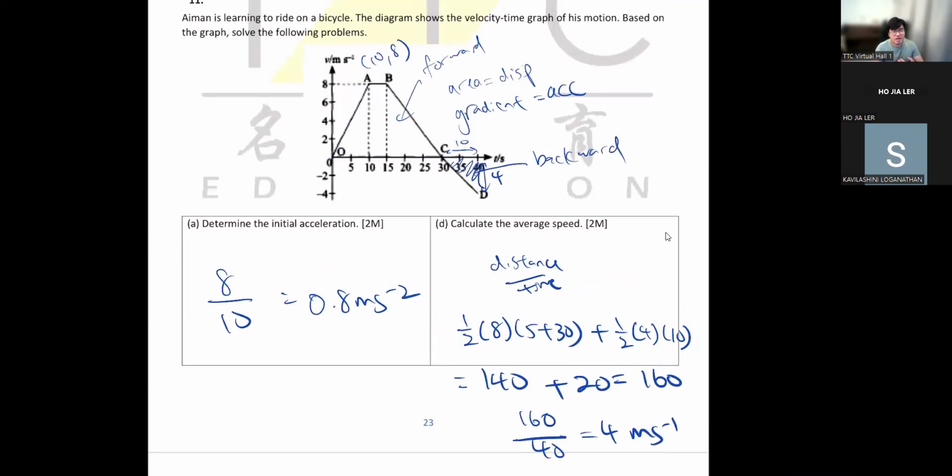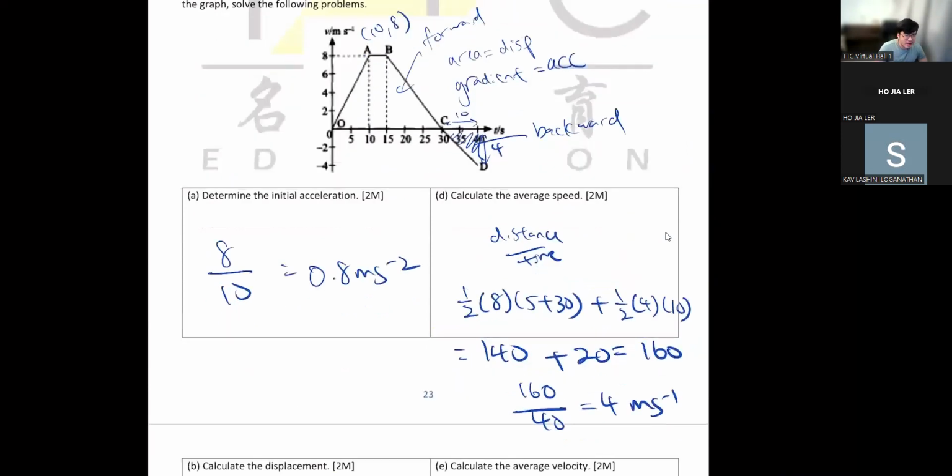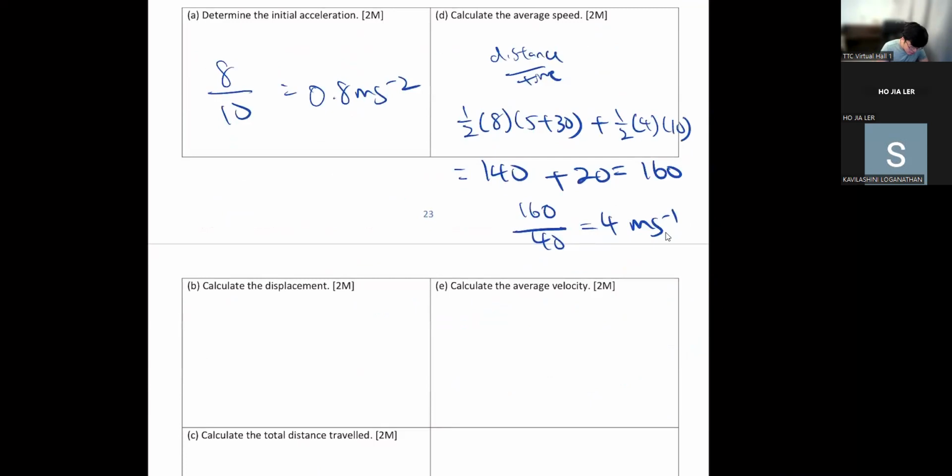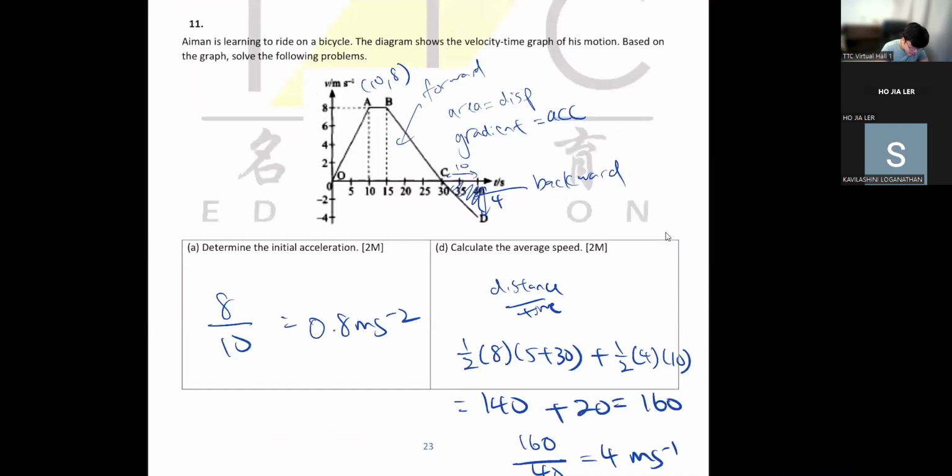So you take the forward part, you minus the backward part. That means 140 minus 20. So you get 120. Because I move forward for 140, this area here is 140, this area here is 20. So I move forward for 140, I go back for 20. So the displacement is 120.